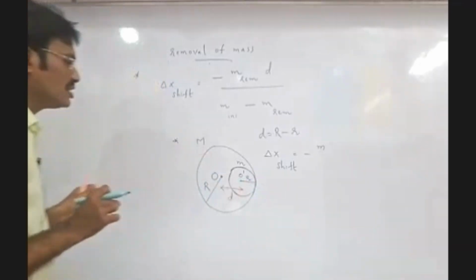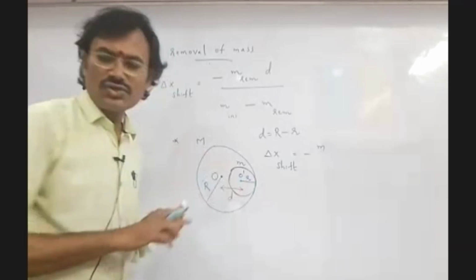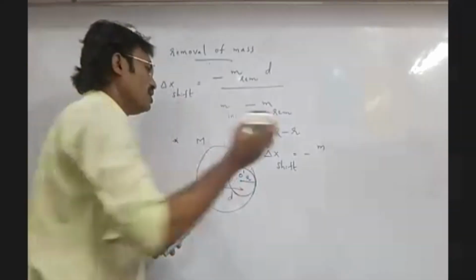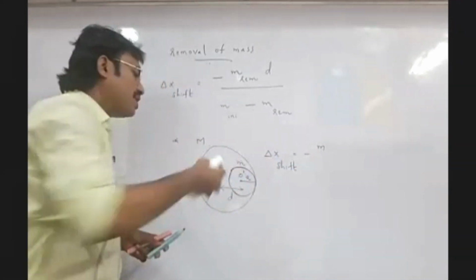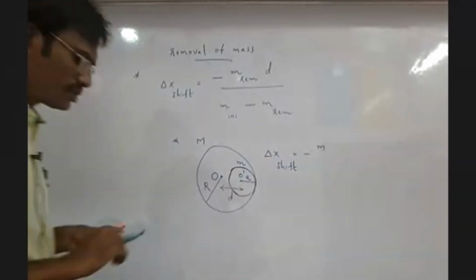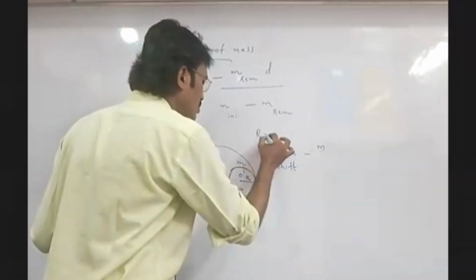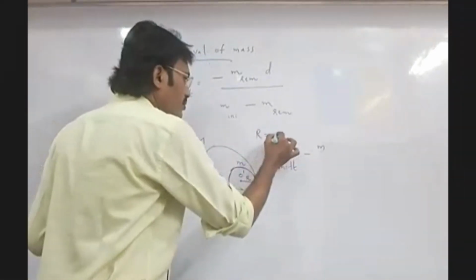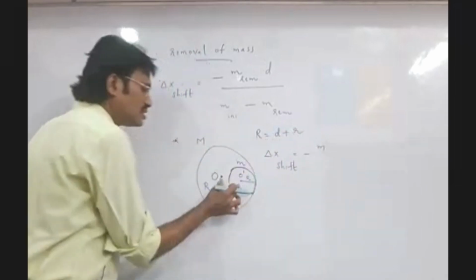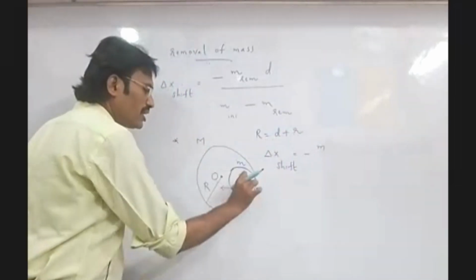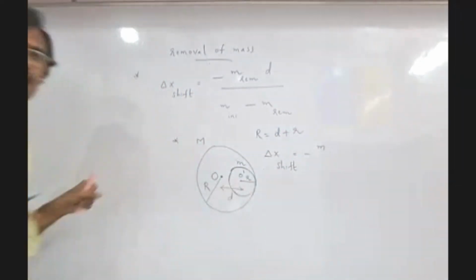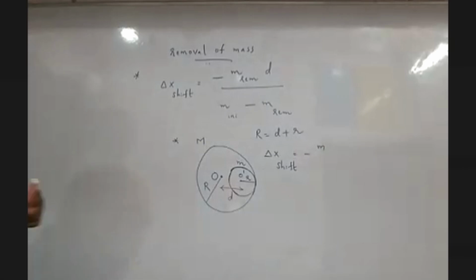Capital R can also be written as small d plus small r. When d and r are combined, you get capital R, the radius of the total circle.